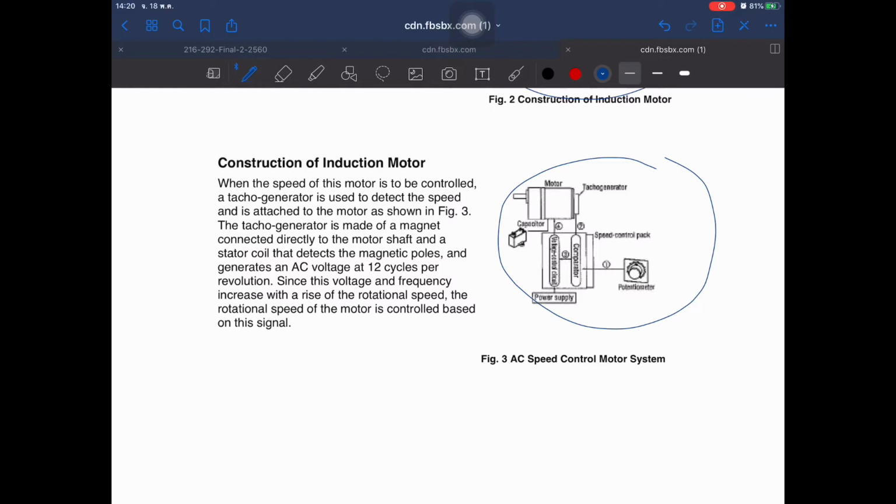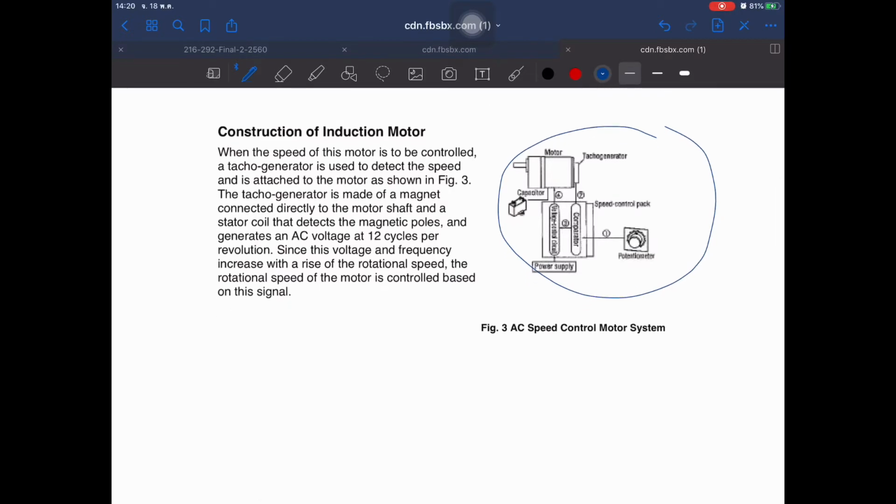Since this voltage and frequency increase with the rate of the rotational speed, the rotational speed of the motor is controlled based on this signal.